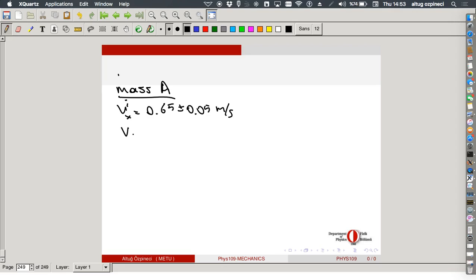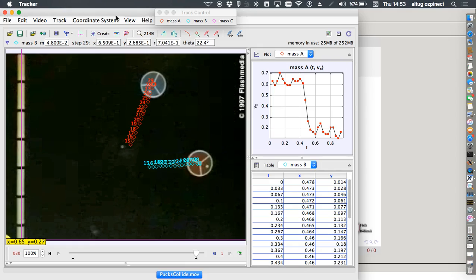This is the initial, Vx final. What is the x component of the velocity after the collision? It is somewhere, well, this line is 0.2. Let's say 0.2 plus minus 0.1.